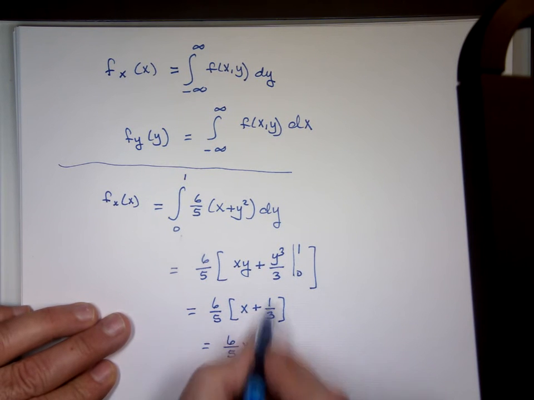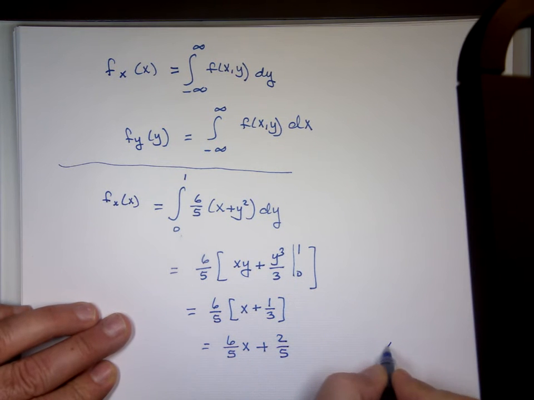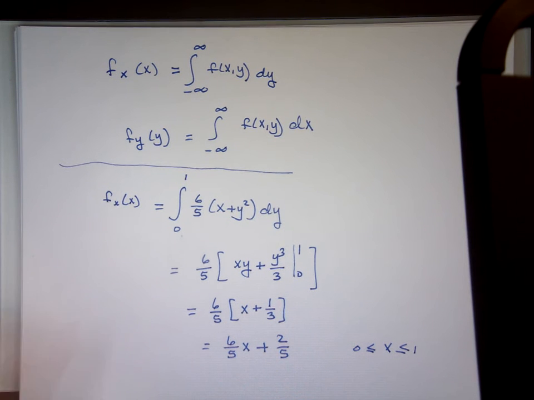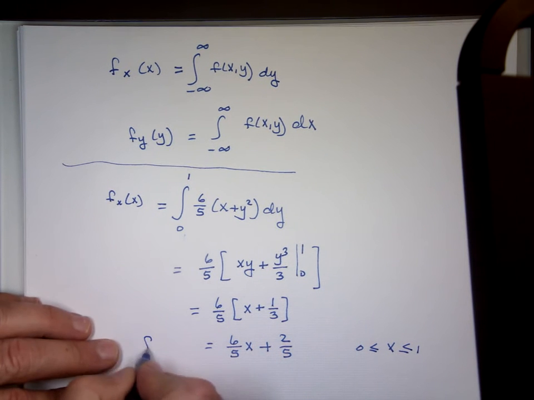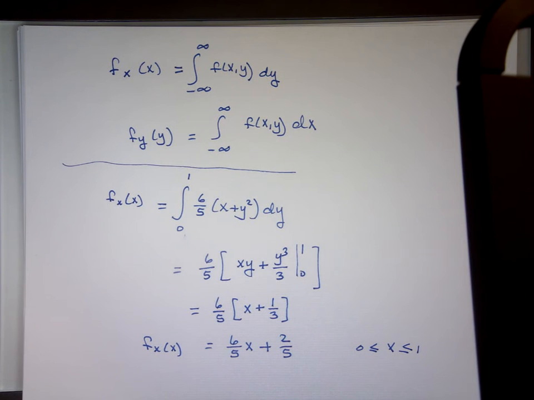Is that 2 over 5? And x between 0 and 1. So you tell me what value for x, and I'll tell you what the answer is. How long you have to wait.